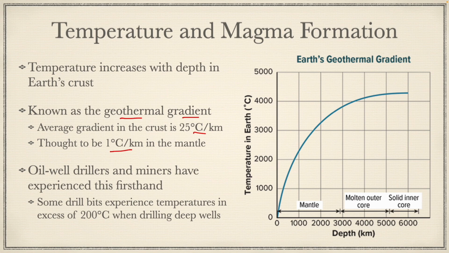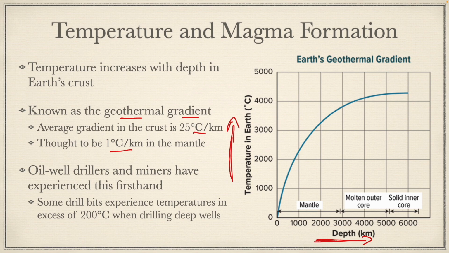Now, oil well drillers and miners have experienced this firsthand. Some drill bits experience temperatures in excess of 200 degrees Celsius when drilling deep wells. Here's our depth into the earth, all the way through the crust, mantle, and inner and outer core, with temperature going up the y-axis.